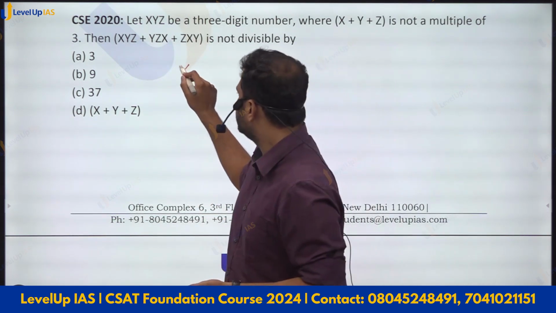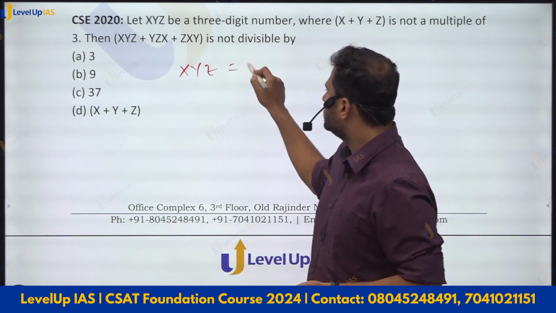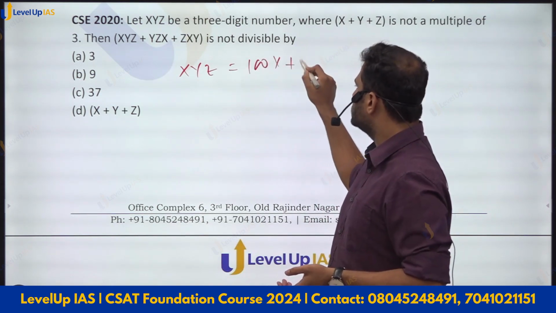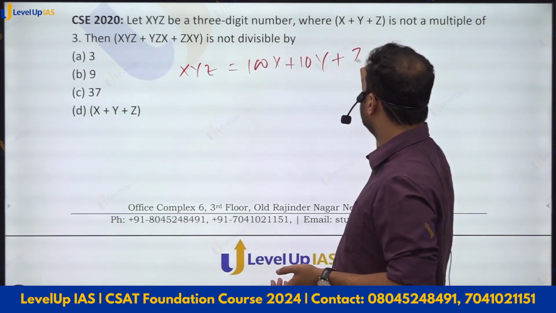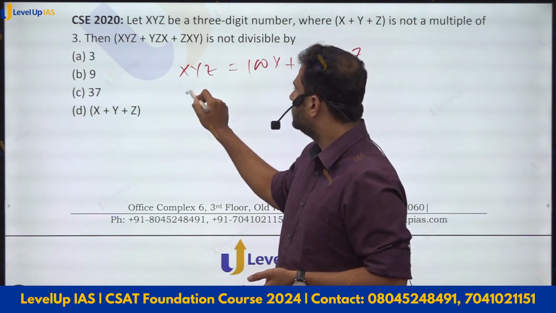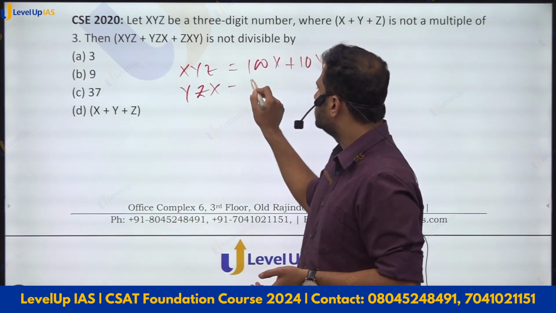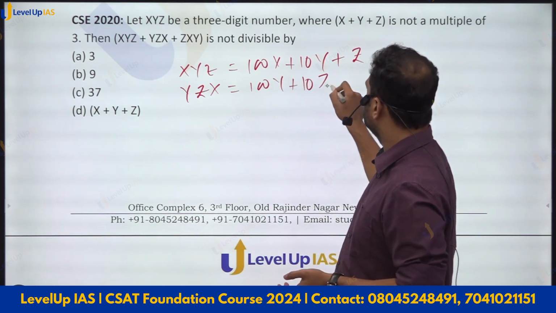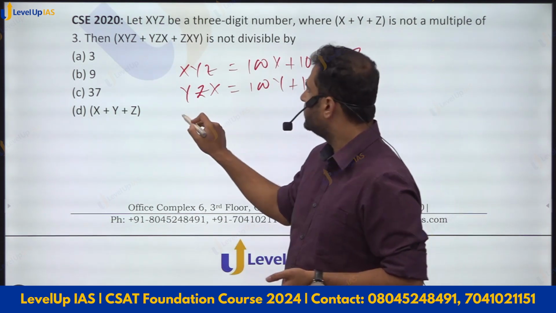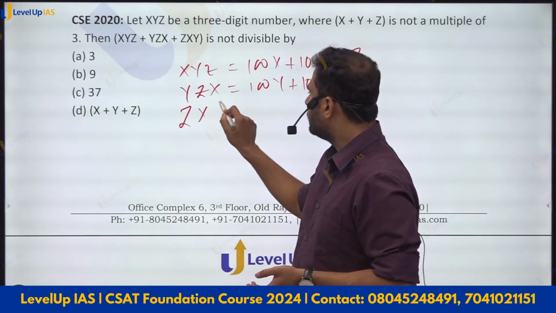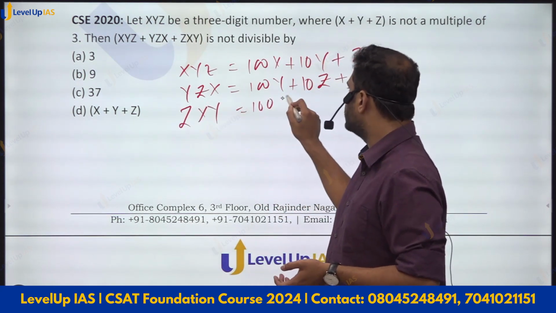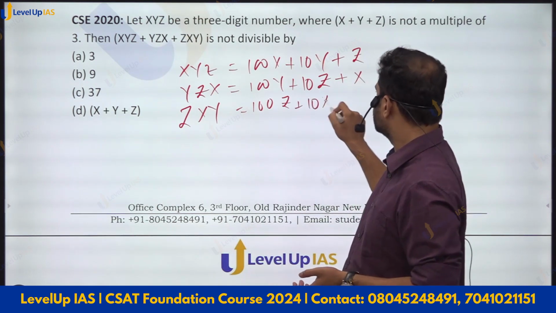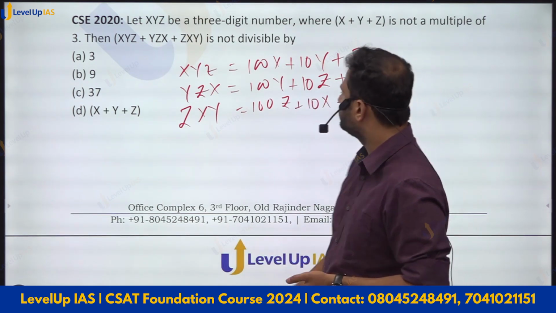So we can write xyz as 100x plus 10y plus z. We can write yzx as 100y plus 10z plus x, and you can write zxy as 100z plus 10x plus y.